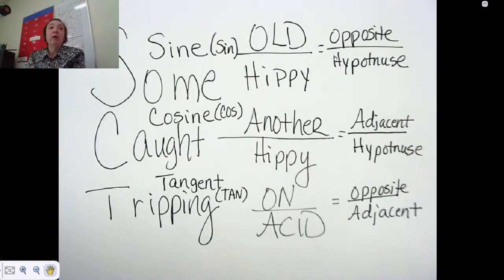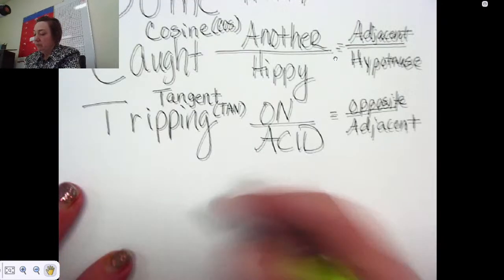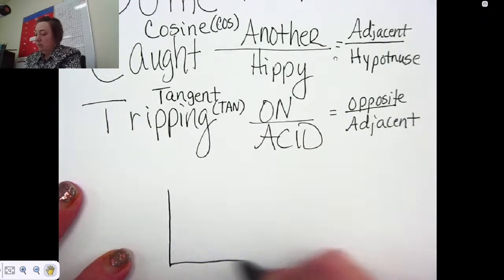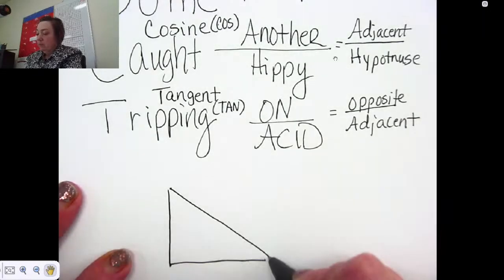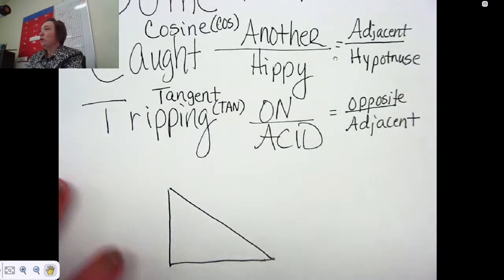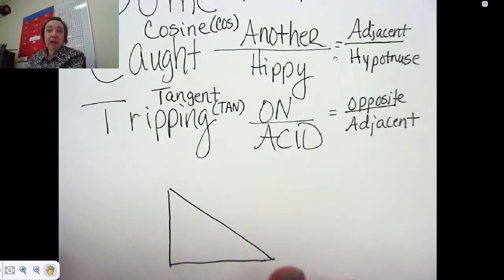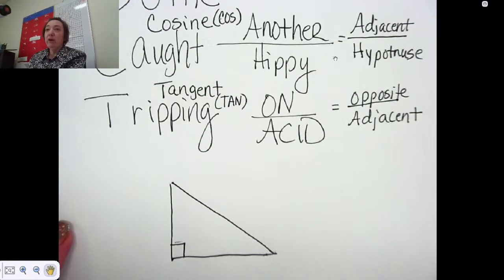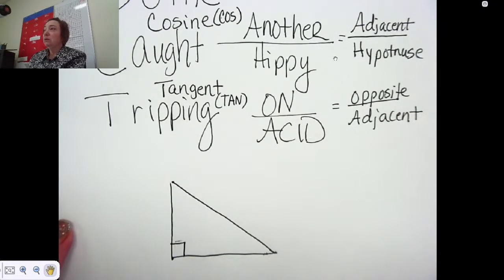You know that the hypotenuse is always what side of the triangle? Maybe I should have started with this. This is right triangle math, okay? So we're totally talking about right triangle math. Where is the hypotenuse on a right triangle?